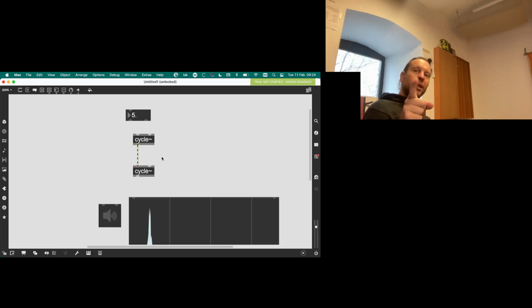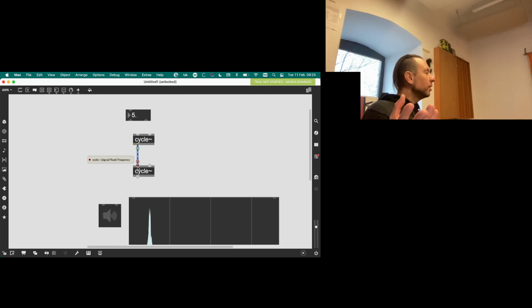So this means that I'm going to have the oscillator, the carrier, go between -1 Hertz and +1 Hertz, because that's how it gets interpreted. Every number coming from here will become the frequency in Hertz.